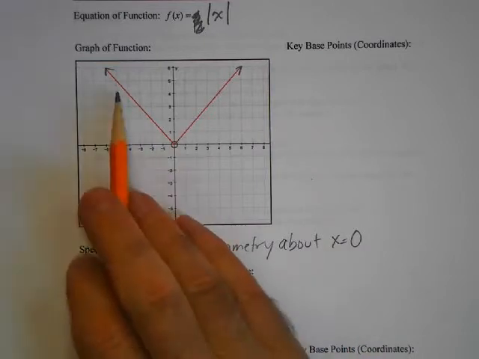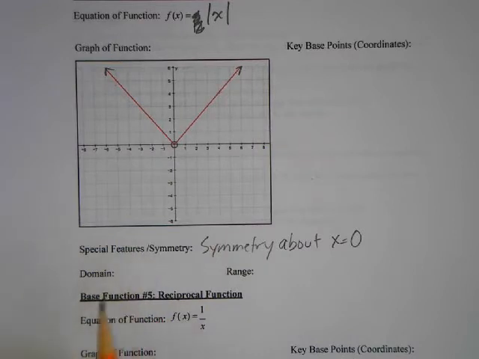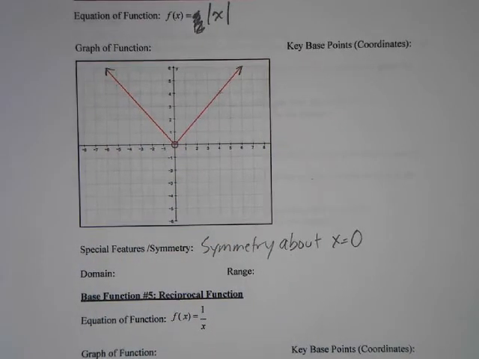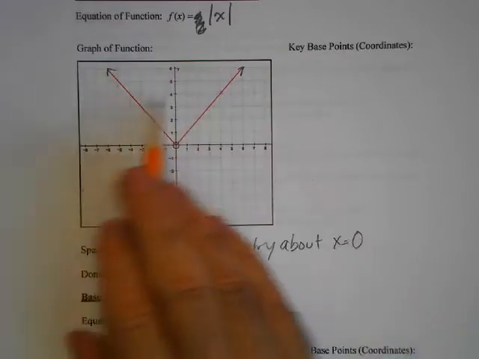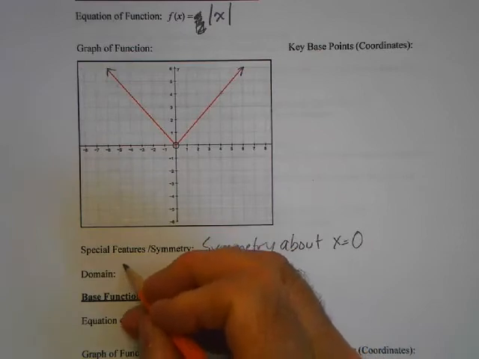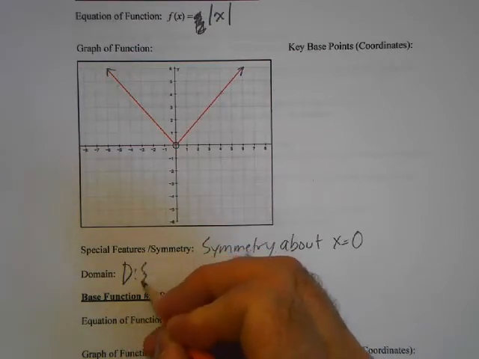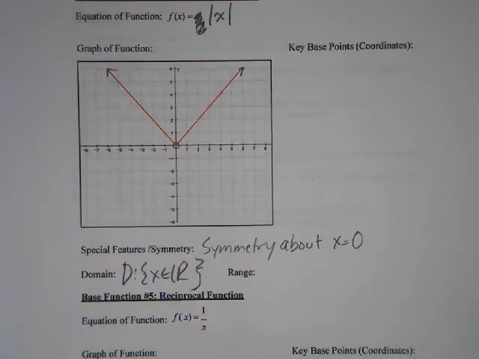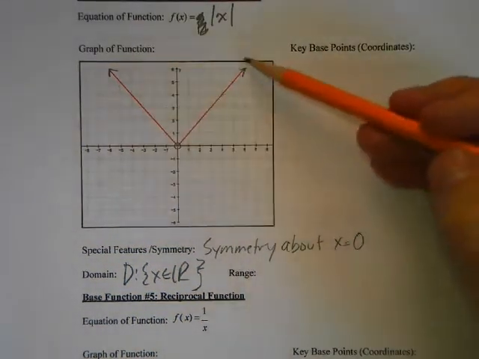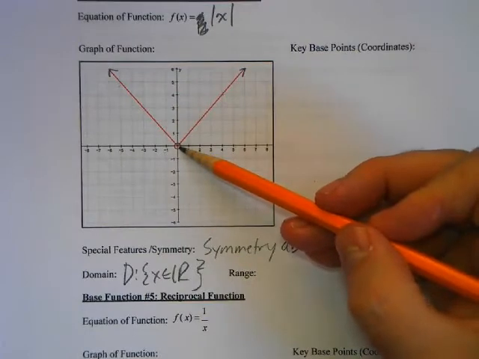Okay, in terms of the domain and range, very similar to the second base function, the quadratic function. You can see that the x values can be anything. So for the domain, we're going to say that x is an element of the real numbers, no restrictions. And for the range, just like the quadratic, it can only be above this origin here.